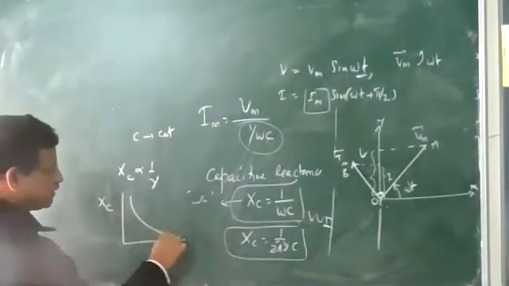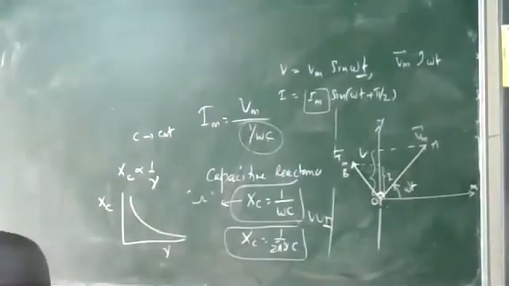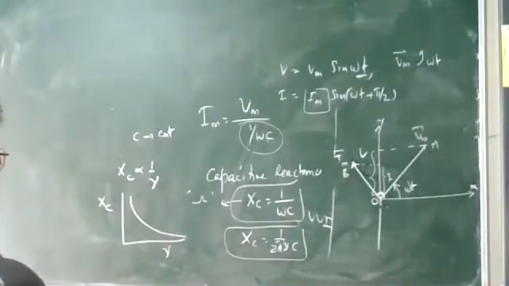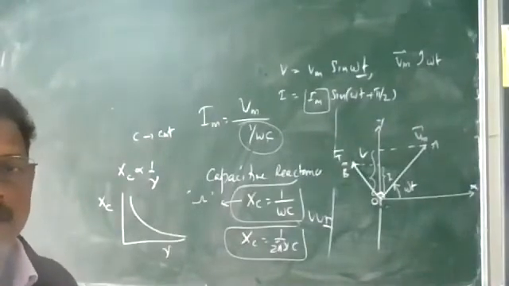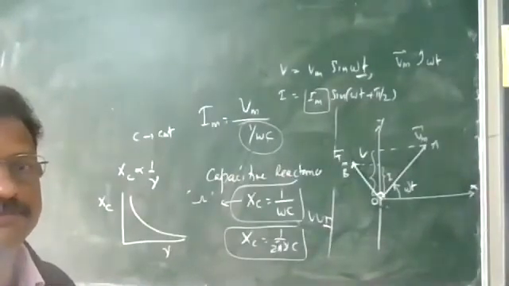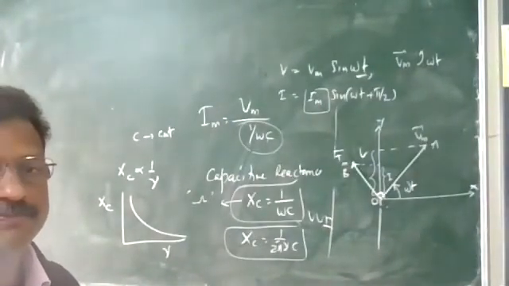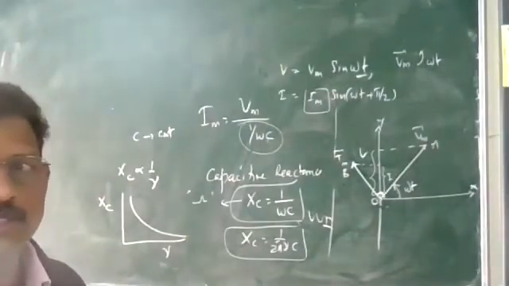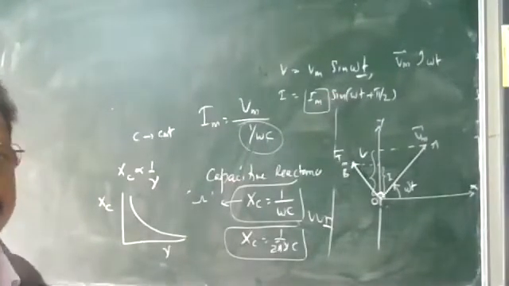It is a rectangular hyperbola. Keyboard question. What is the frequency of DC current? It is 0. So what is the resistance offered by a capacitor to DC current?